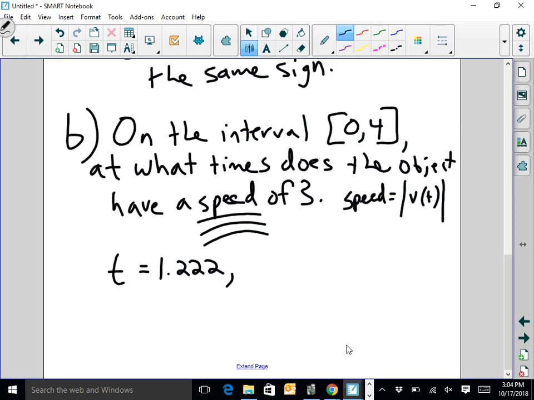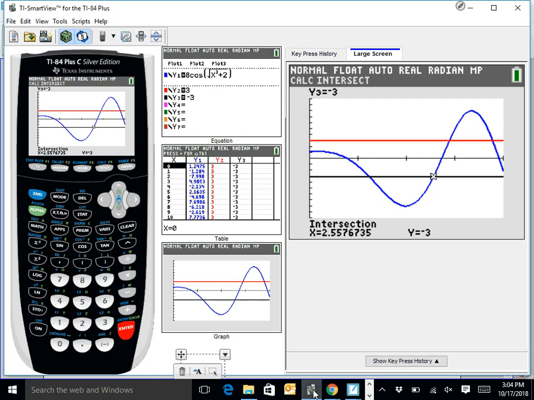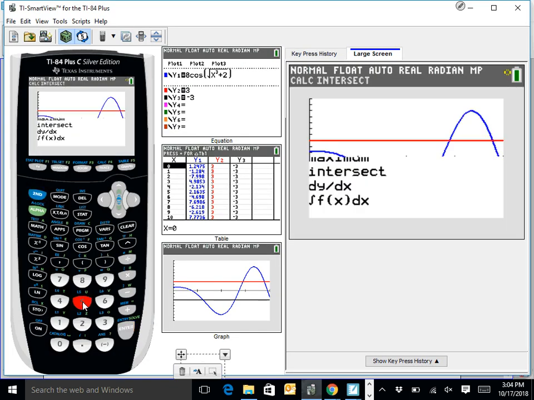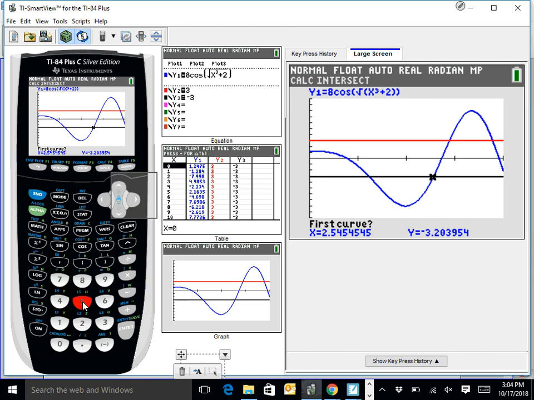And I have 2 more to get. I'll do these quickly. Second calc 5. I'm going to move closer to that +3 intersection up here. I'll hit enter, enter, enter. And I get 2.884.